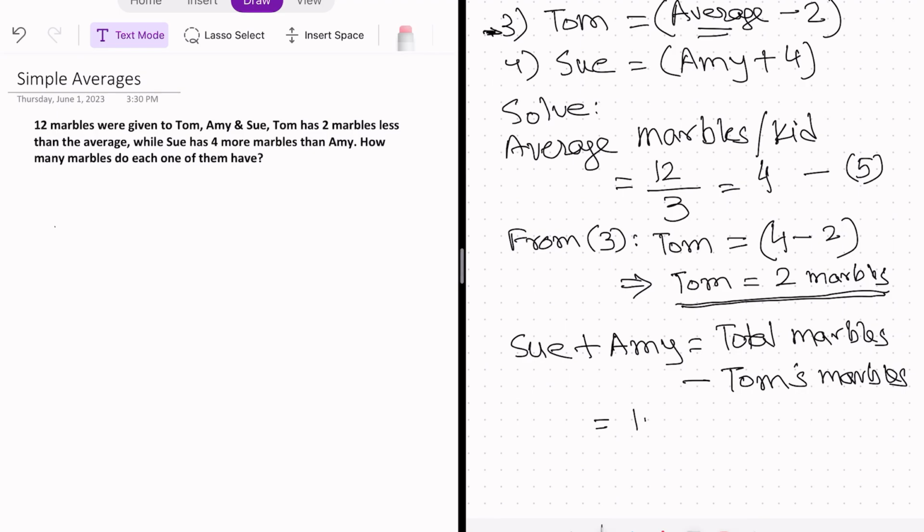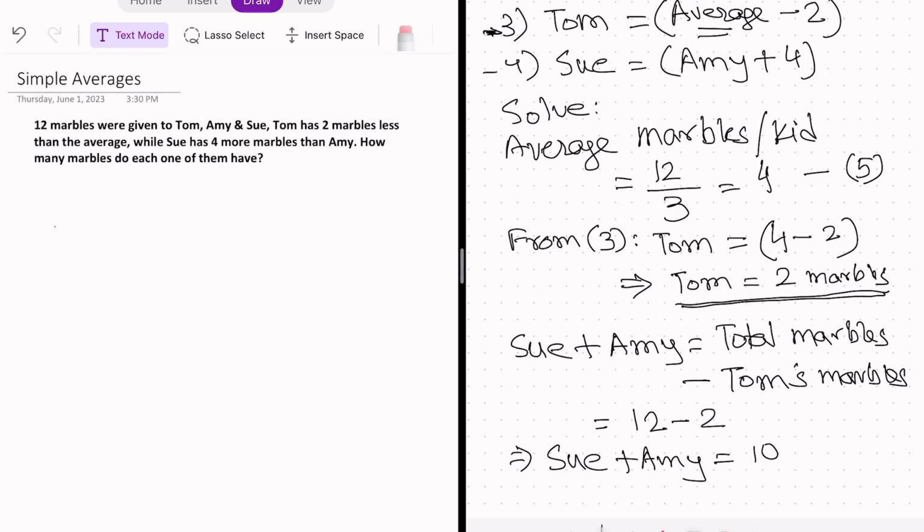Total number of marbles was 12, and I know Tom has 2. So the marbles that Sue and Amy together have is 12 minus 2, that's 10.